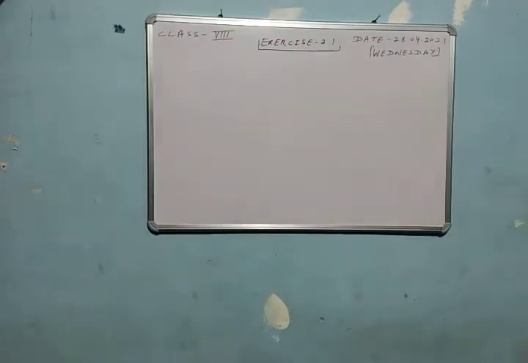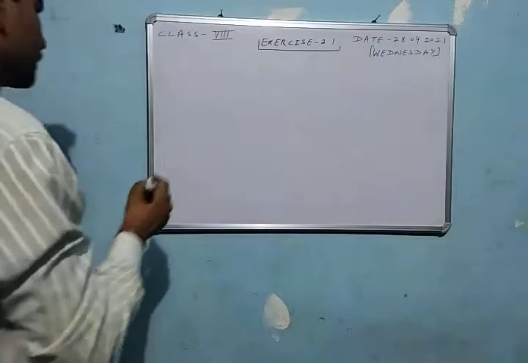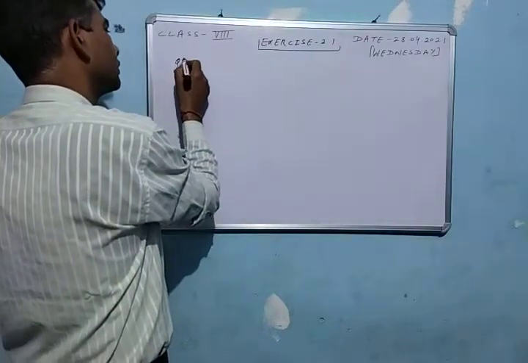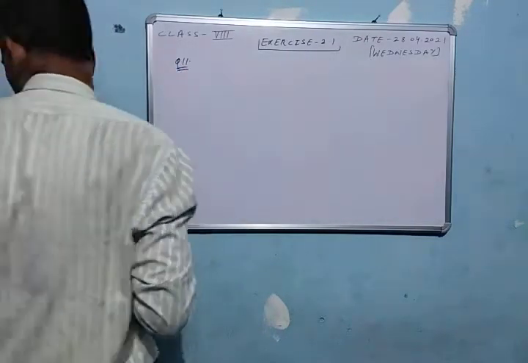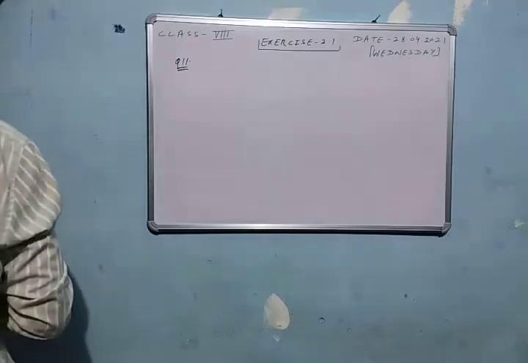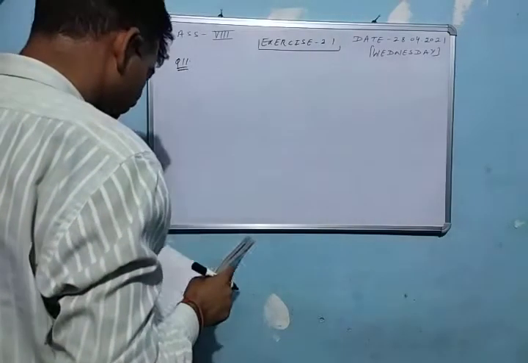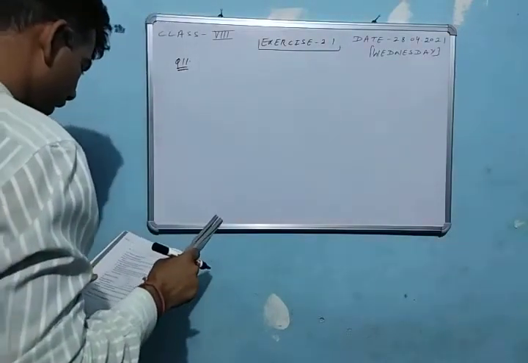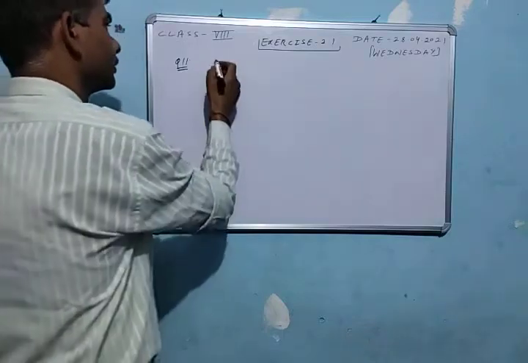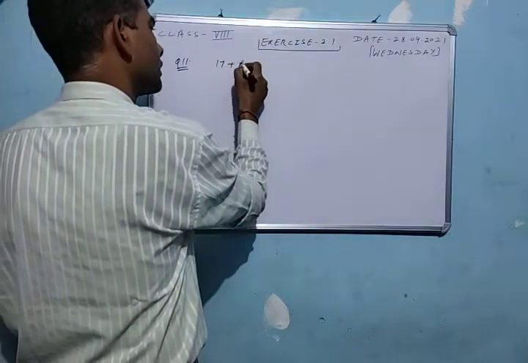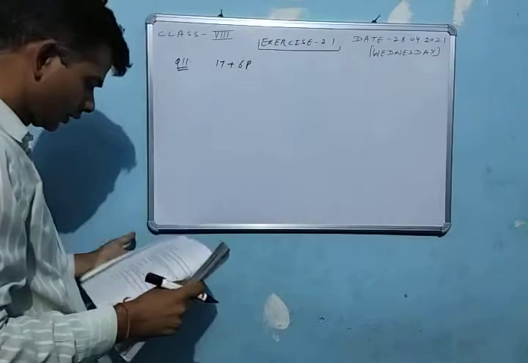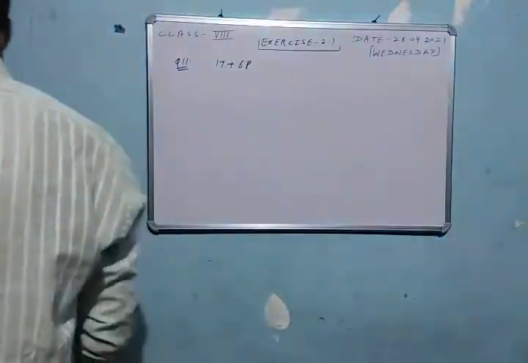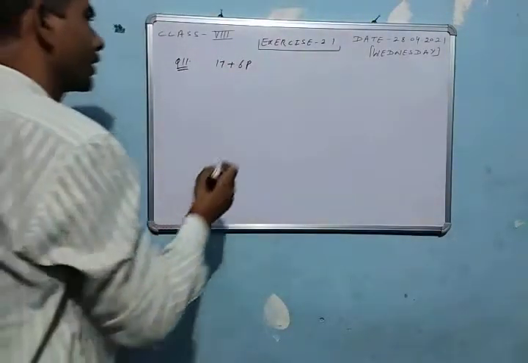Now students, question number 11. 17 + 6p = 9.